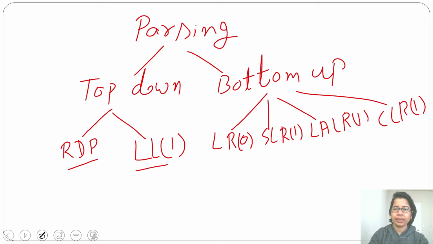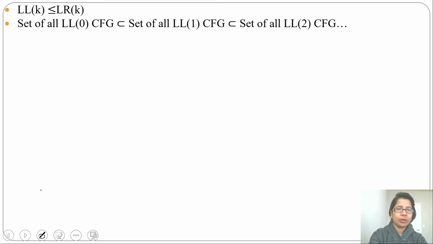Let's find what is the relation between all these parsing. Set of all LLK grammar is less than set of all LRK grammar. This K can be 0, 1, 2, any natural number. We can say set of all LL0 context free grammar is a subset of set of all LL1 context free grammar, and that is a subset of set of all LL2 context free grammar, and LL2 is also a subset of all LL3 context free grammar, LL3 is a subset of LL4 context free grammar.